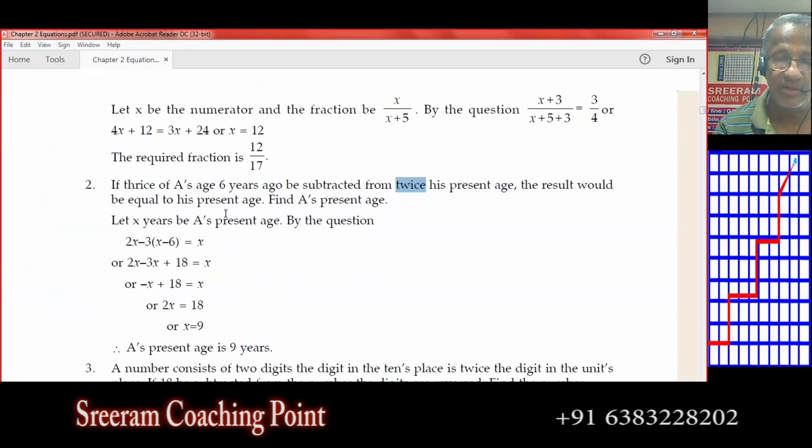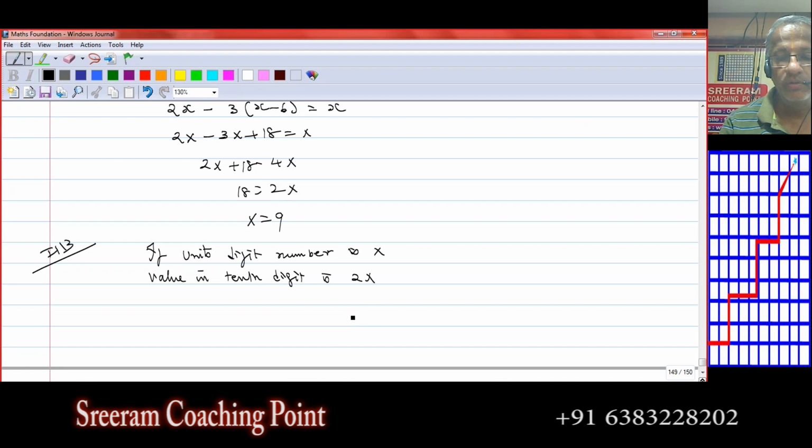That is what they mean. The digit in the 10th place is twice. Correct. So therefore the present number is 2x plus x. Correct.